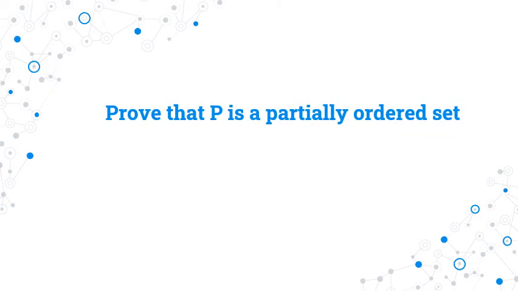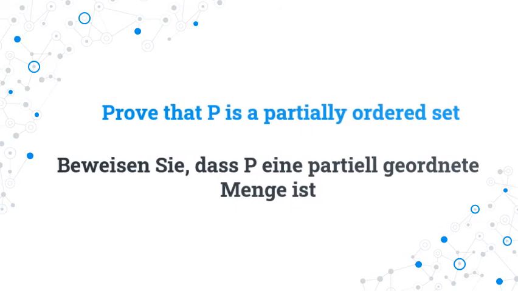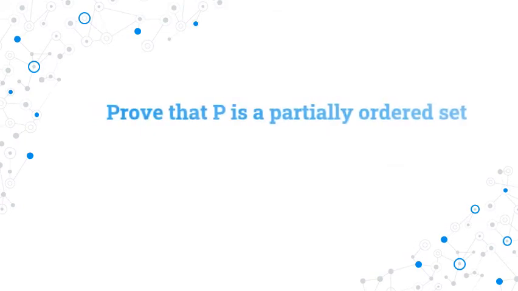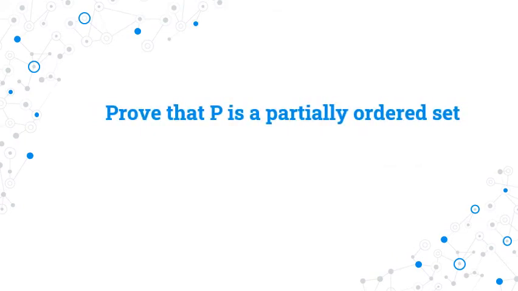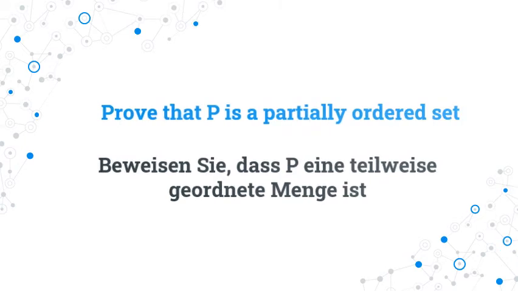How do you say, prove that P is a partially ordered set, in German? Beweisen Sie, dass P eine partiell geordnete Menge ist. How do you say, prove that P is a partially ordered set, in German? Beweisen Sie, dass P eine teilweise geordnete Menge ist.